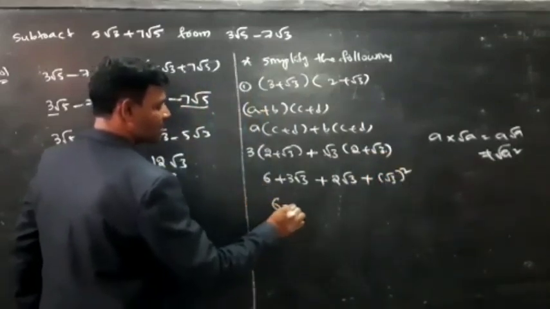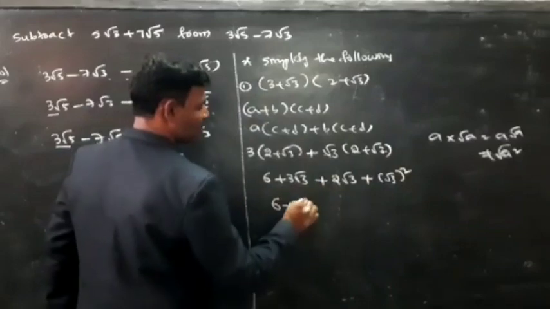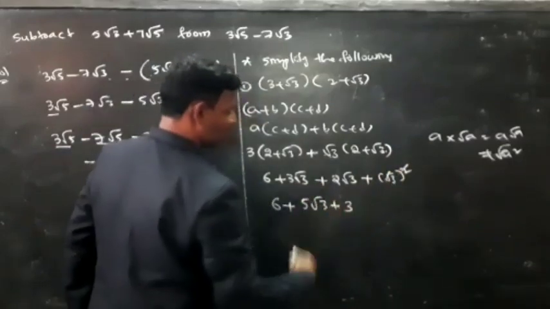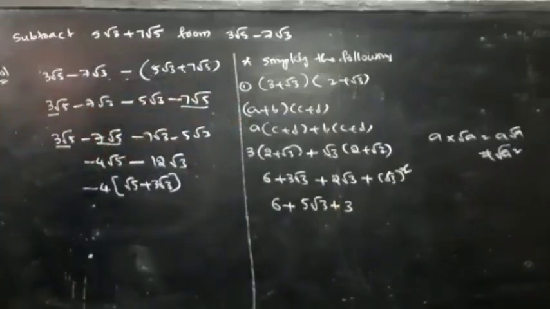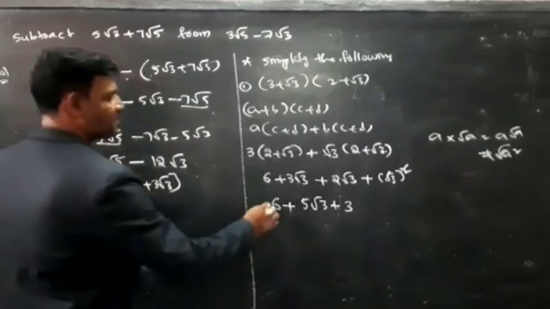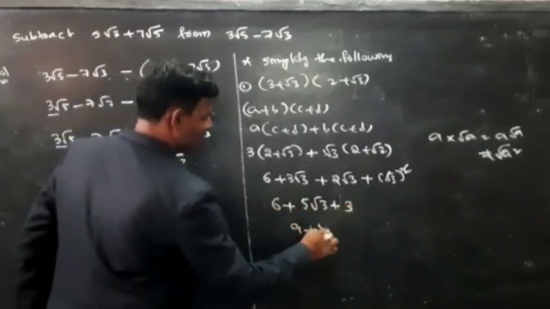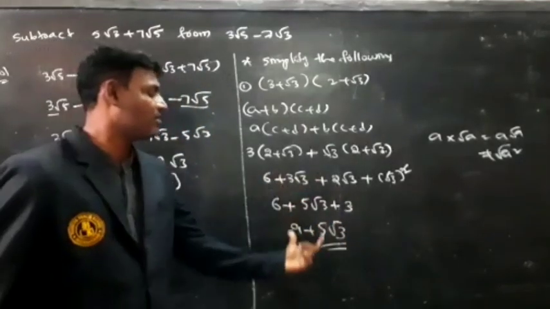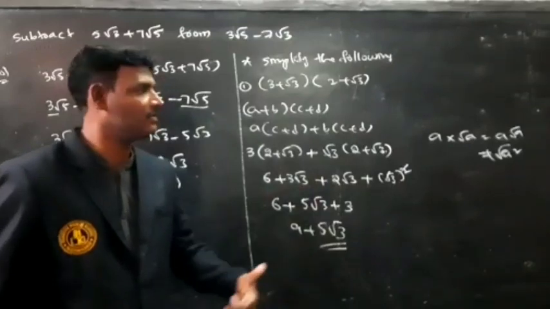So remaining 6 plus 3 root 3 plus 2 root 3, 5 root 3 plus square root cancel 3. 6 plus 3, 9. So what is the answer here? 9 plus 5 root 3. Answer to the given question is 9 plus 5 root 3.